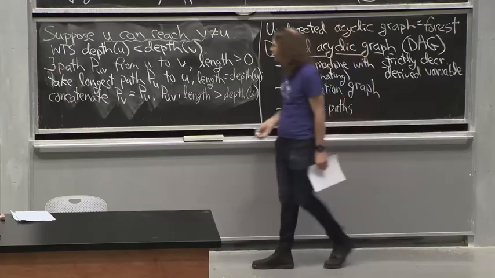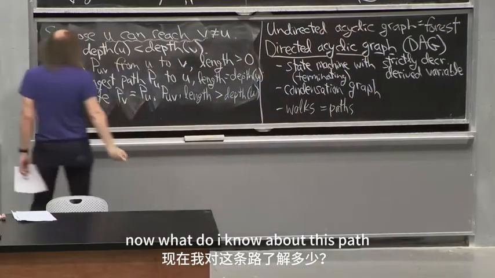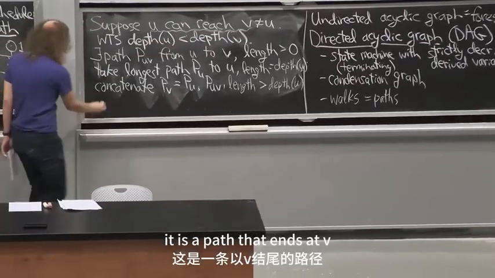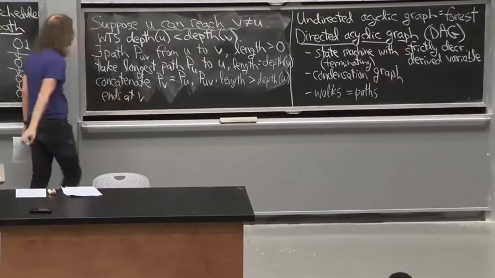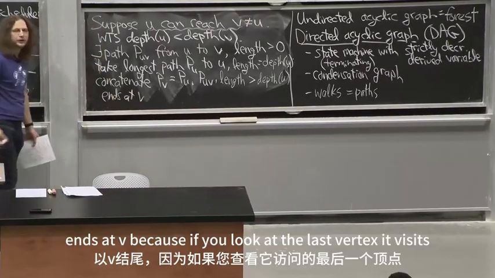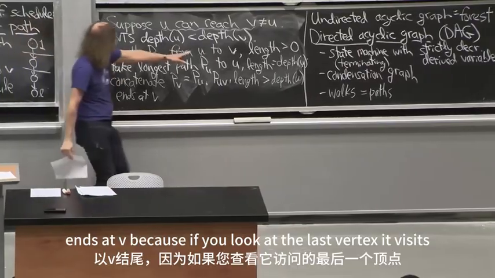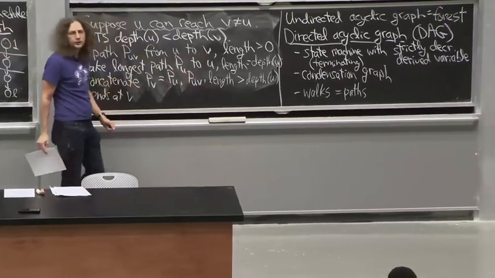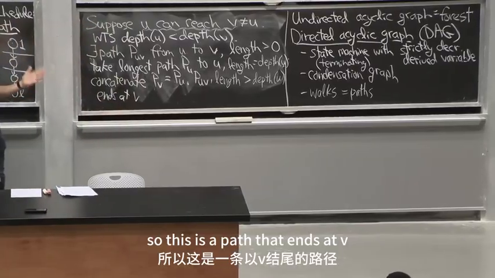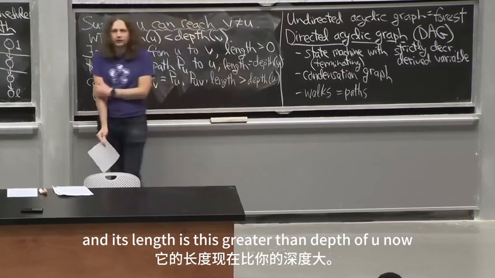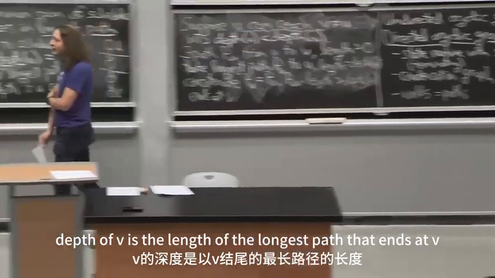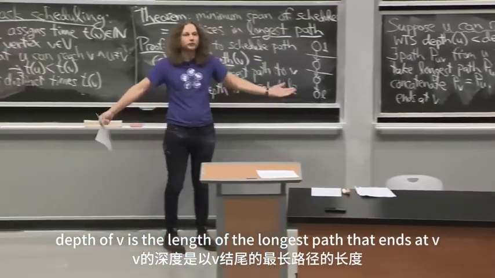Okay? Now, what do I know about this path? It is a path that ends at v. P_v ends at v, right? Because if you look at the last vertex it visits, it's v. So this is a path that ends at v, and its length is greater than depth of u. Now, depth of v is the length of the longest path that ends at v.